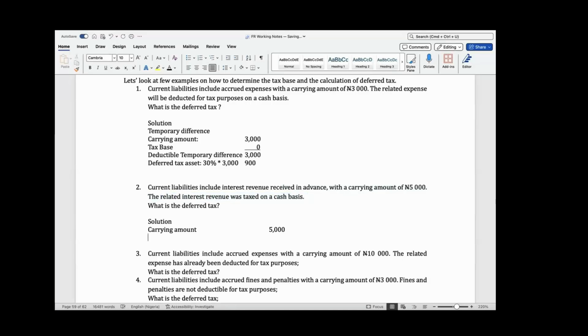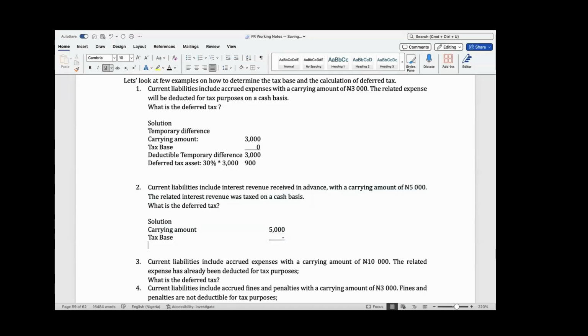But as it is today, the interest revenue received in advance in our books is 5,000. But the taxman has already taxed it in the past. So as it is today, he doesn't have to capture it again. It's not in his books as of this year because he has taxed it in the past.